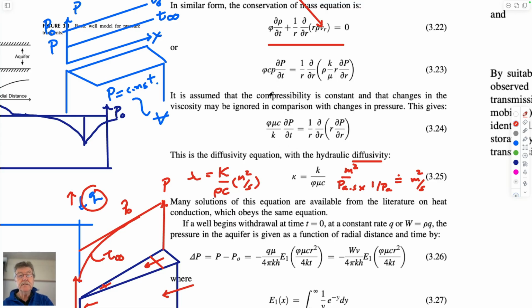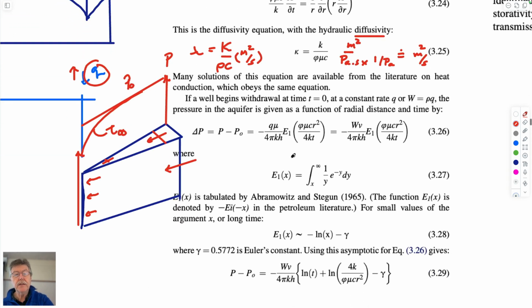But if you solve this partial differential equation, you end up with something that's relatively complex. And you end up with this being a solution to that equation.